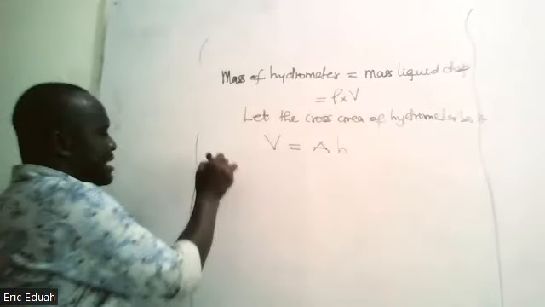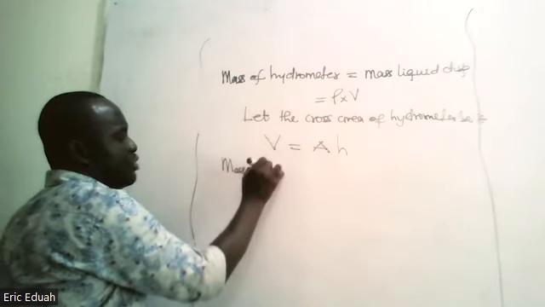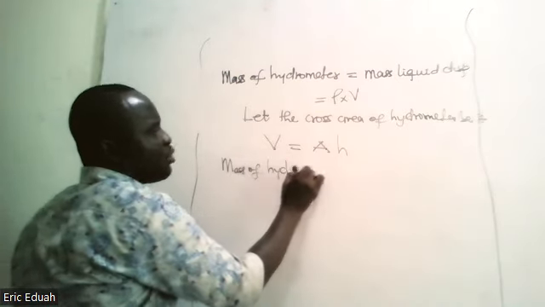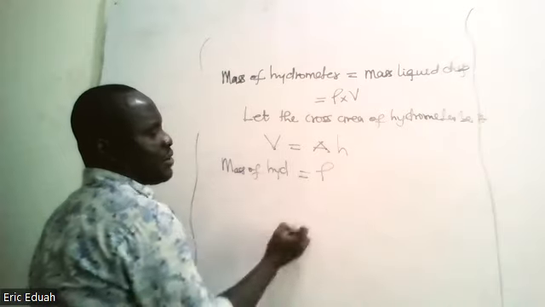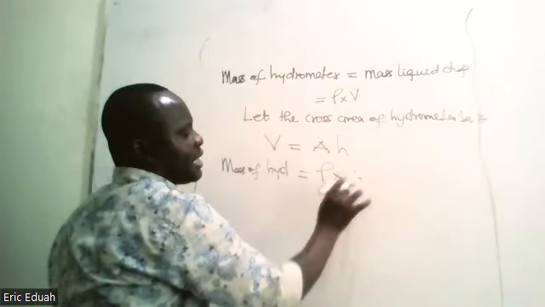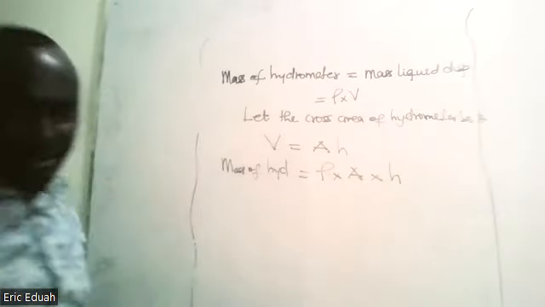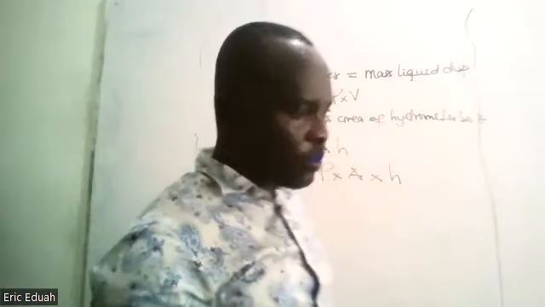So it means that the mass of the hydrometer will be equal to the density of the liquid times the cross-sectional area of the hydrometer times the height of immersion.